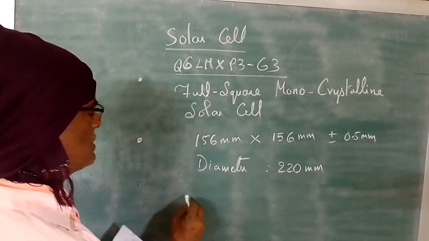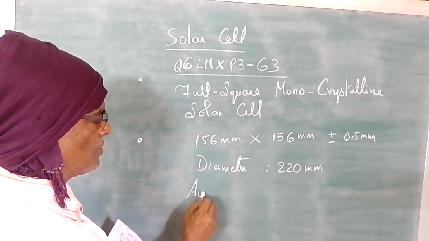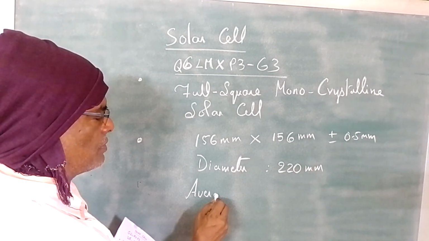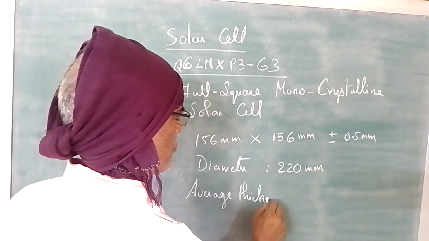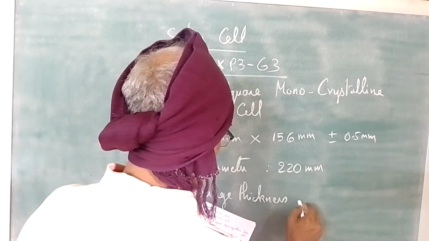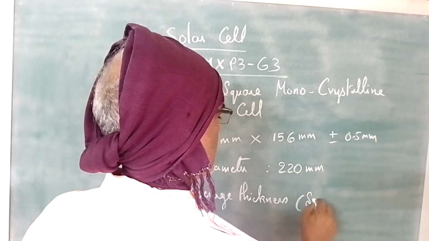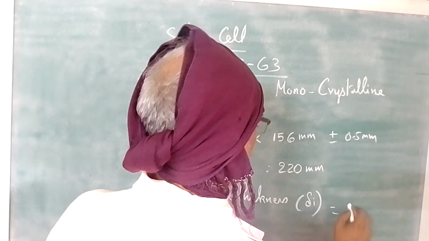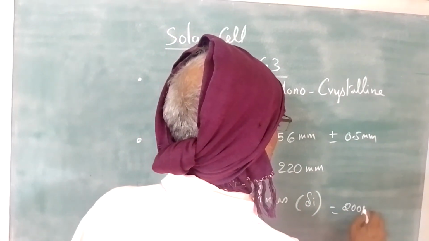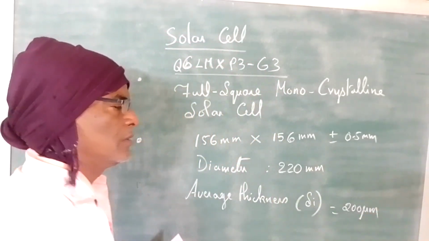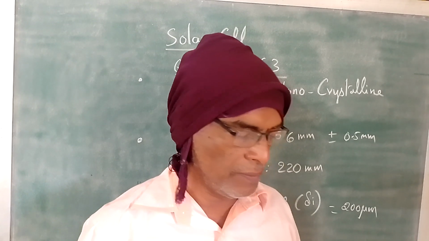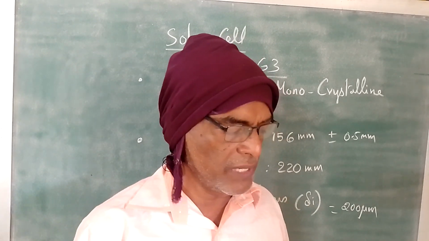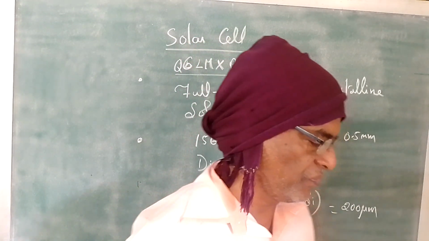Average thickness of the silicon is 200 micrometer plus or minus 30 micrometer variation.